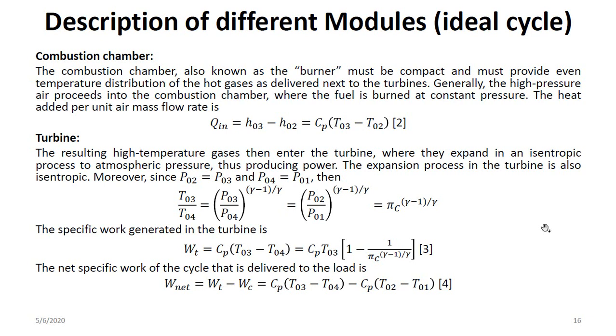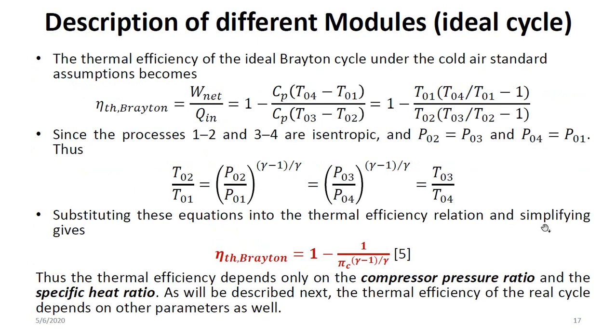If you divide equation 4 by equation 2, which is the heat input, so what you get out divided by what you put in will be equal to your efficiency. So if you do that, you get this expression, which is equation 4 divided by equation 2. Then this will be equal to 1 divided by this.